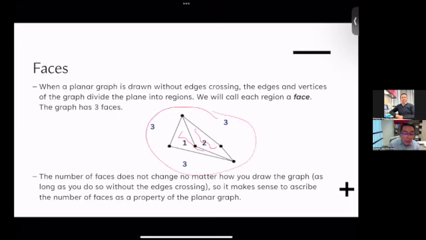And the number of faces is not going to change no matter how we draw the graph, as long, of course, as we keep the edges without crossing. So at the end, we can also consider that the number of faces of a planar graph is part of the properties of the graph.